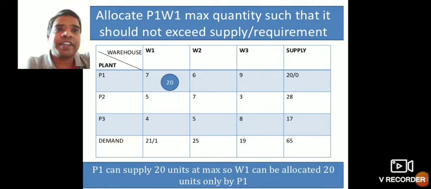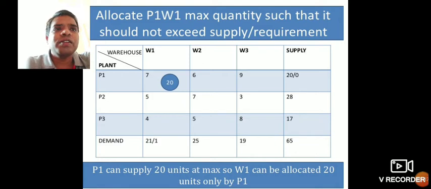That is, we allocated 20 to the P1 W1 cell. Now the supply is fulfilled, so delete the P1 row. In the demand, 21 is there, we have already allocated 20, and in the demand it is left with 1.